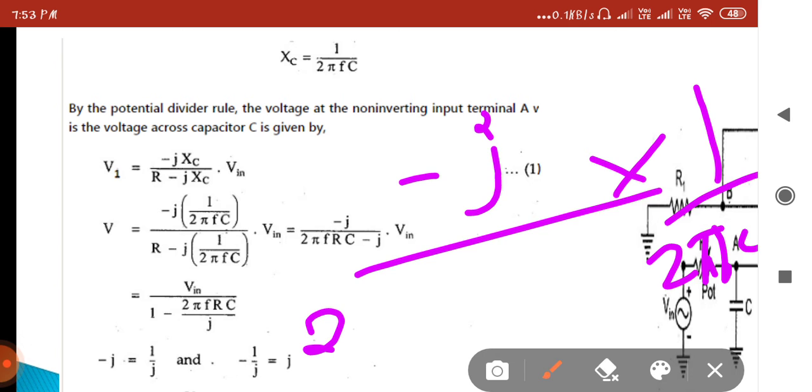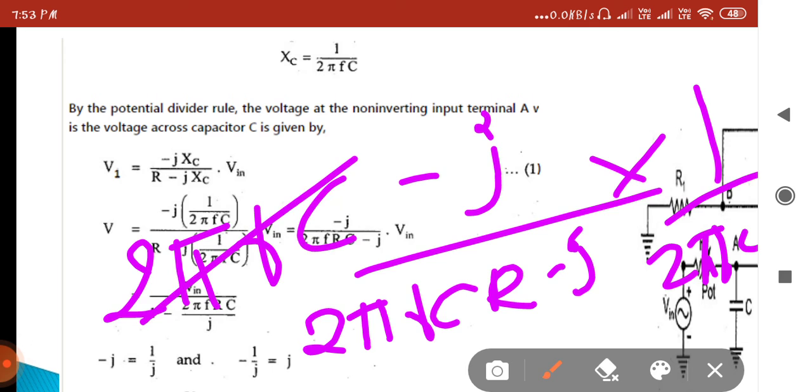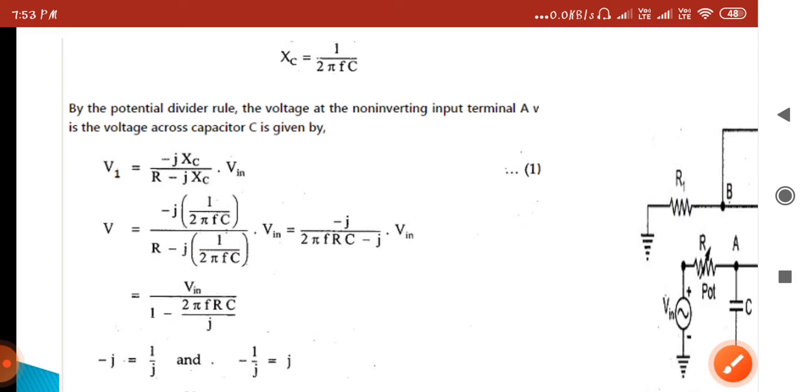Take the LCM, 2 pi fcR minus j. It goes to the numerator, 2 pi fc. This 2 pi fc and this 2 pi fc get cancelled, minus j divided by 2 pi fcR, take the LCM, into Vin.